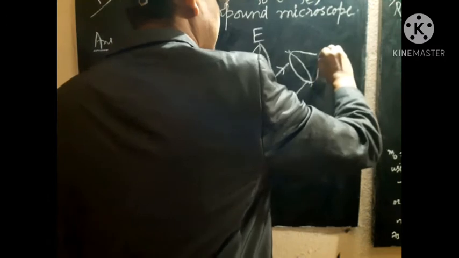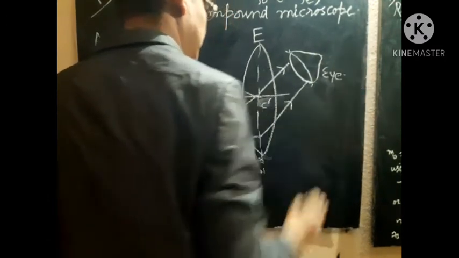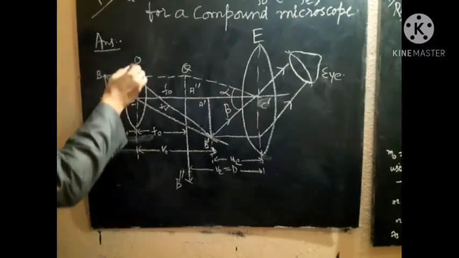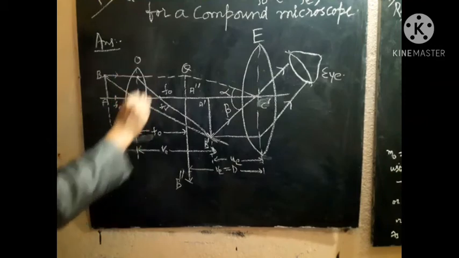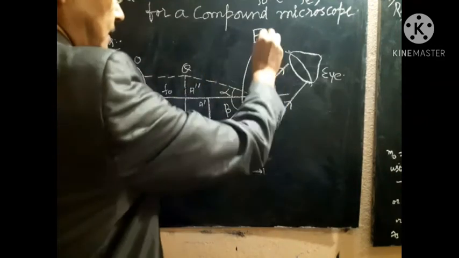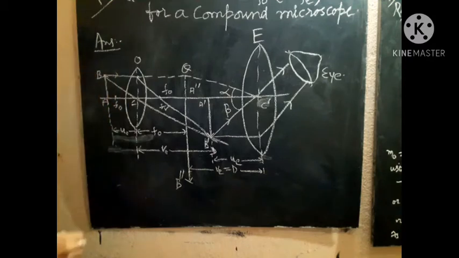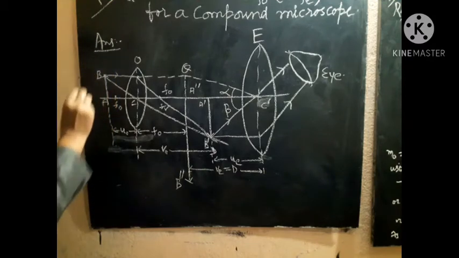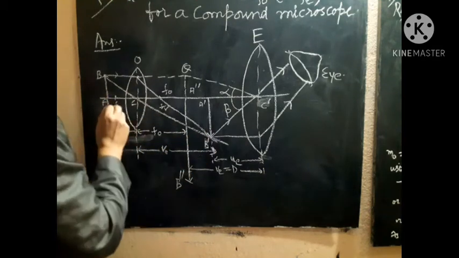I hope you will observe all the things. This lens is the objective lens and this lens is the eyepiece lens. Here AB, and image will form here.